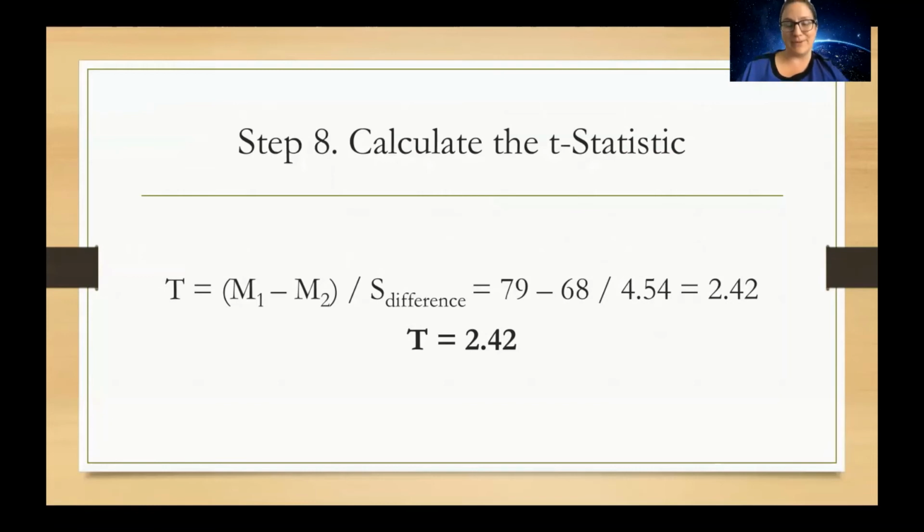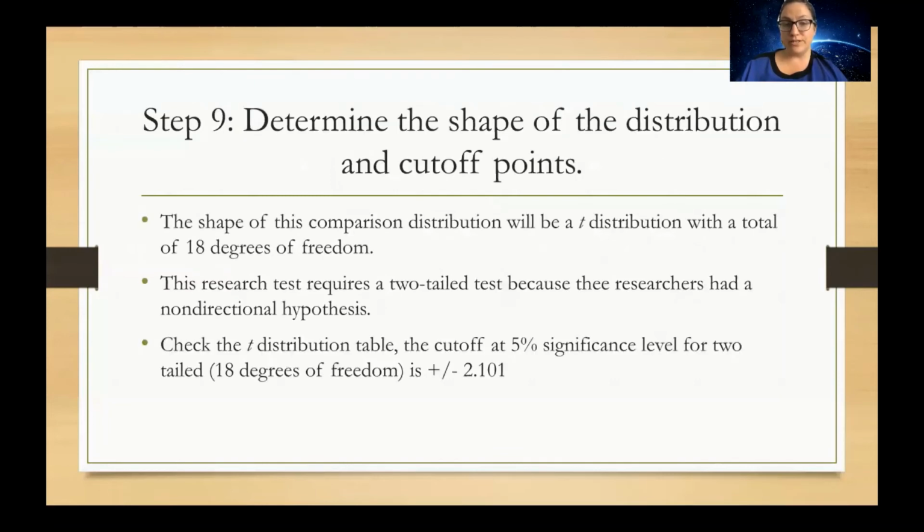I know it's a mouthful. So you do 79, which if you remember was the mean of the first group, minus 68, the mean of the second group, divided by 4.54, the number you just calculated, and your t-statistic is 2.42. Now we need to determine the shape of the distribution and the cutoff points.